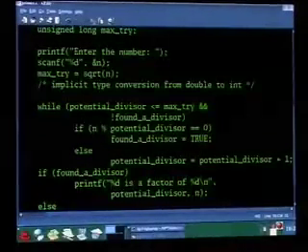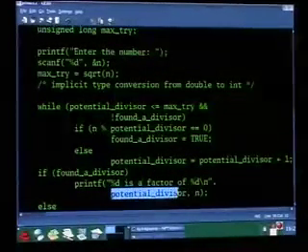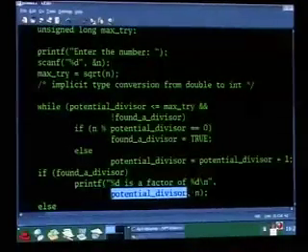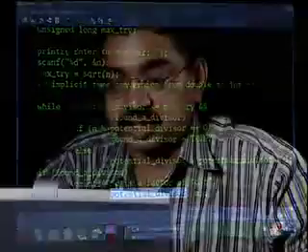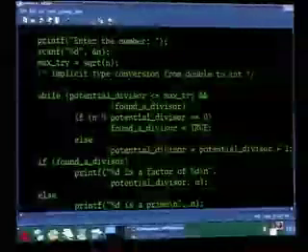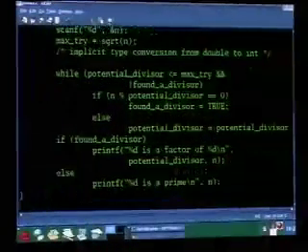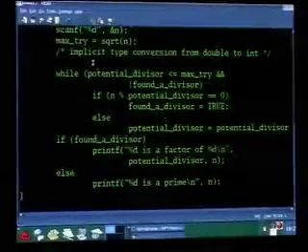The first %d is replaced by potential divisor, which of course is the actual divisor, or the actual factor, that we found, and the second %d will of course be replaced by the value of n. If the variable found divisor is false, then we print that the given number n is a prime. So it's a pretty straightforward program. Let's now try to compile this and see whether it works correctly.